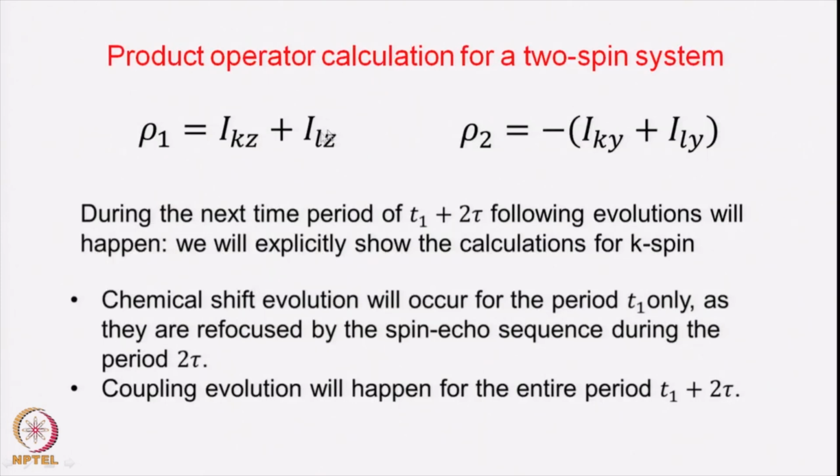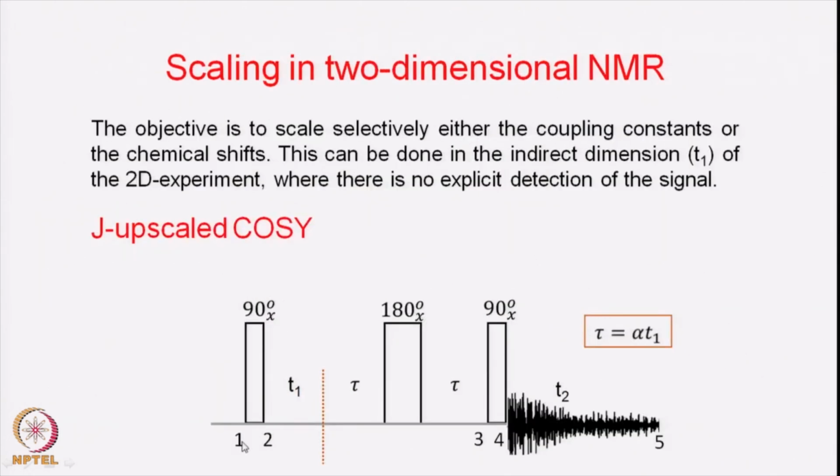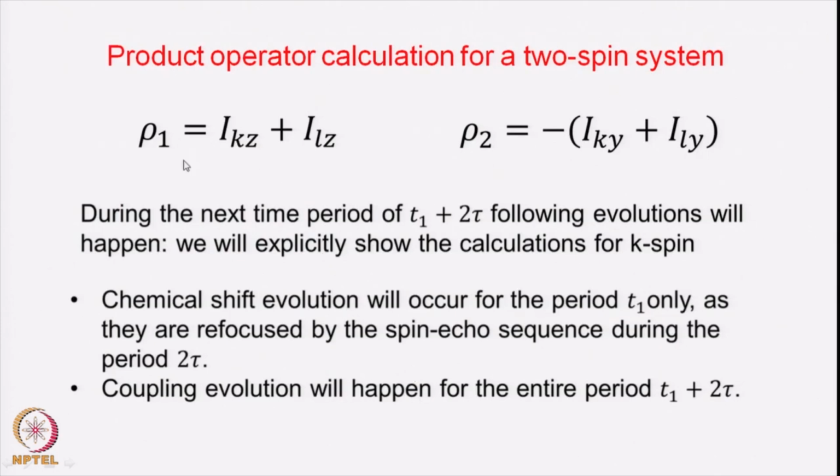We will do a product operator calculation for a 2 spin system as usual. Consider 2 spins K and L, and these are the density operator time points where we will actually look at the density operator. At time point 1, it is basically z magnetization of the 2 spins, you have IKz plus ILz, and when you apply the 90-degree pulse along x axis, you get minus IKy plus ILy.